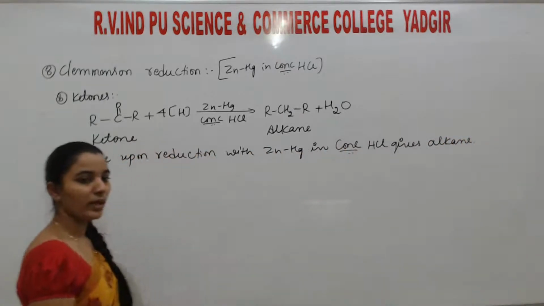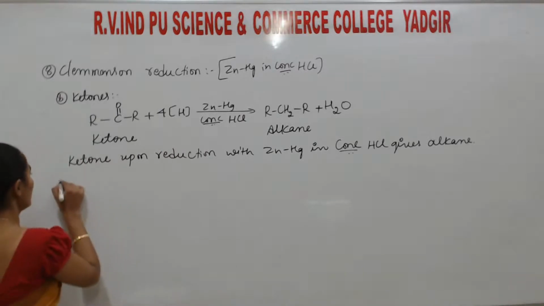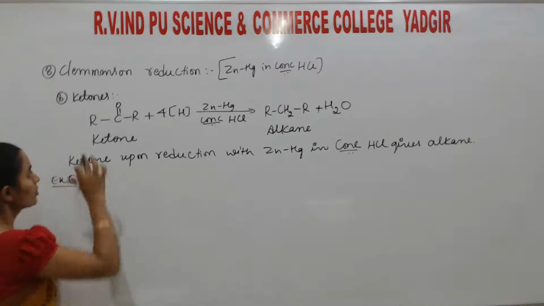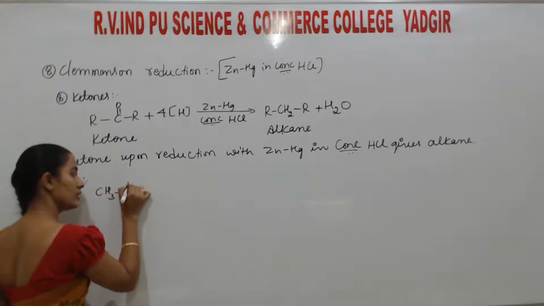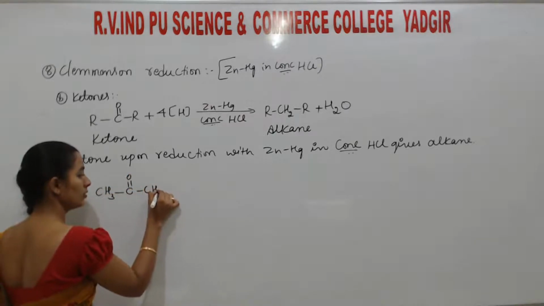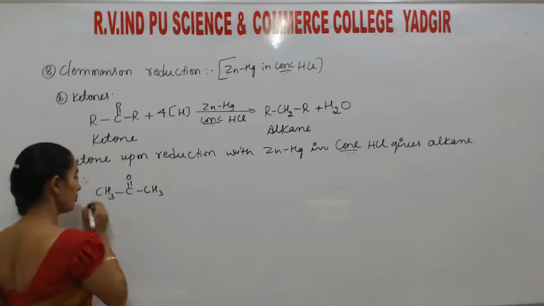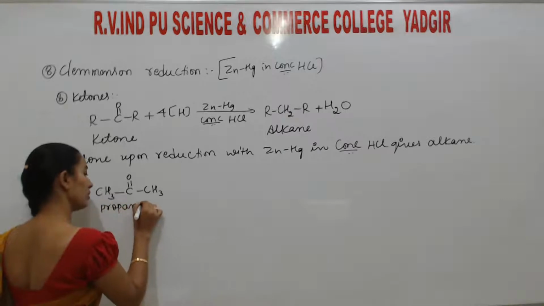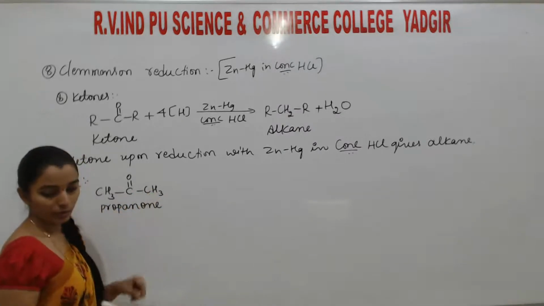Okay, I'll write both the examples here. One is aliphatic, another one is aromatic. So that is example 1. In the place of this, I take CH3, C double bond O, CH3. Acetone, I will write it as propanone.